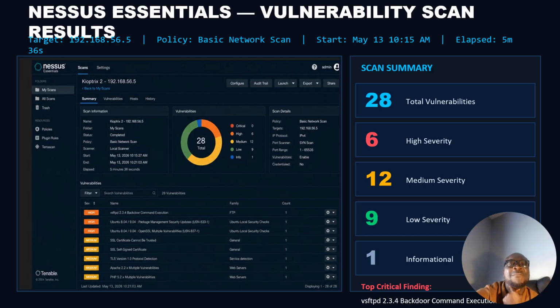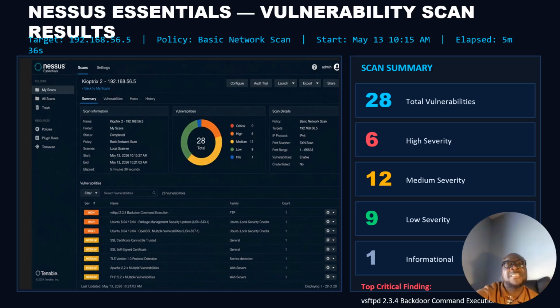The highest priority finding is the vsftpd 2.3.4 backdoor command execution. This is an extremely well-known vulnerability where a malicious version of the FTP daemon was distributed with a backdoor intentionally embedded in the source code.